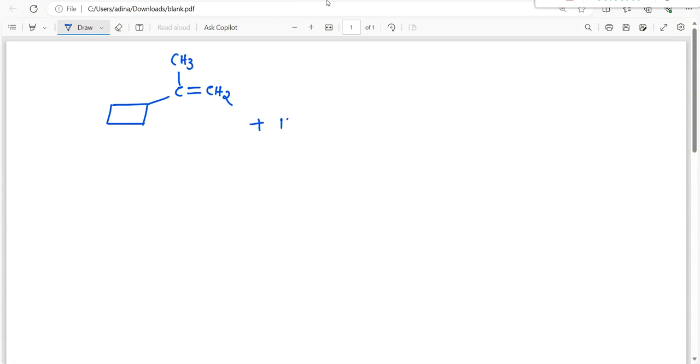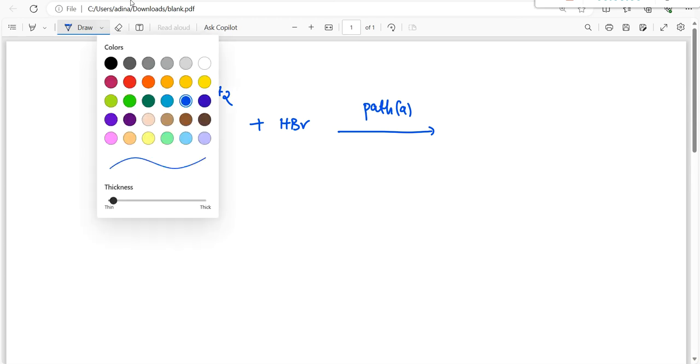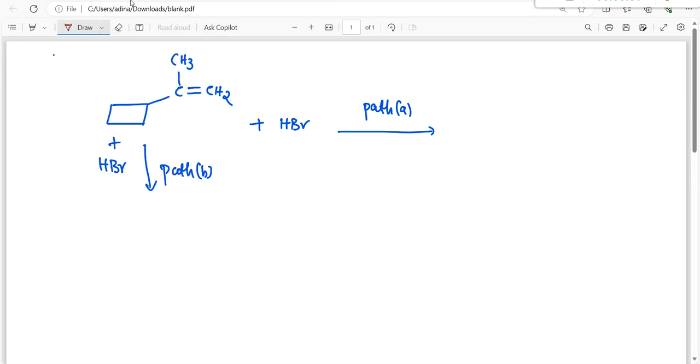This will react with HBr. Consider this is path A and this is path B. Here also reacted with HBr. Now let us try to understand the complete mechanism of path A and path B and figure out which one is the most stable product.